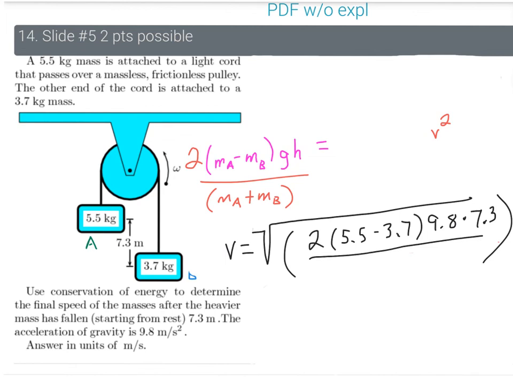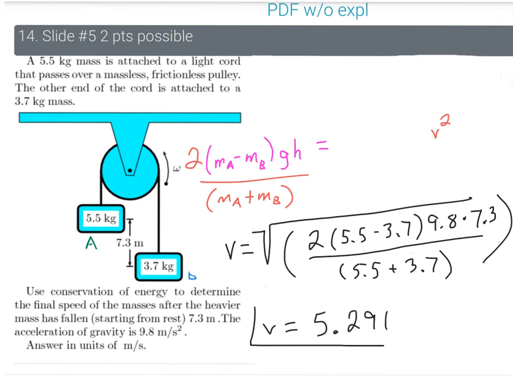All of that is divided by the sum of the masses, which is 5.5 plus 3.7. Okay, so that's doing it all in one step, and that's going to give us a final answer of 5.291. And so that's going to be my final answer.